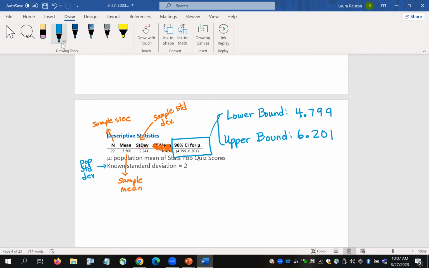The next question usually asks for the error bound for the population mean, which is a calculation we do by hand. It is the upper bound minus the lower bound divided by 2.